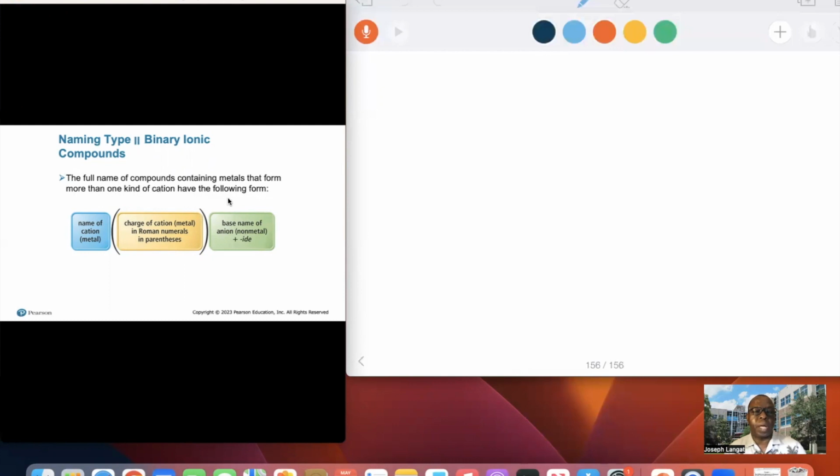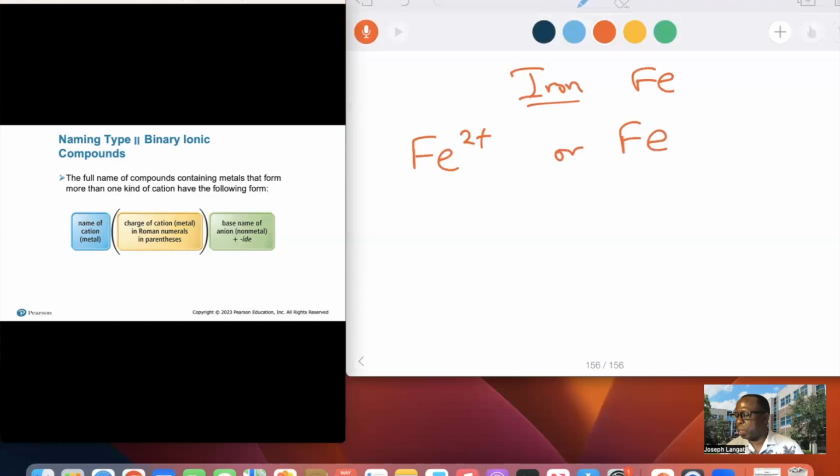For example, iron, a transition metal, can be iron +2 or iron +3.